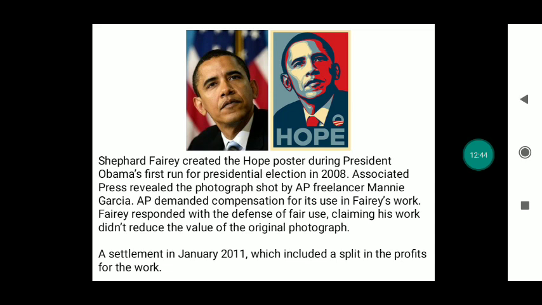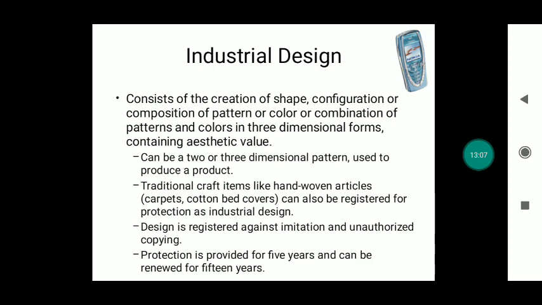In fact, the value of the original photograph is appreciated. So, because of this, the settlement in January 2011 was decided like a split in profits for the work. Still, the one who had shot the photograph got 50% of the profit.